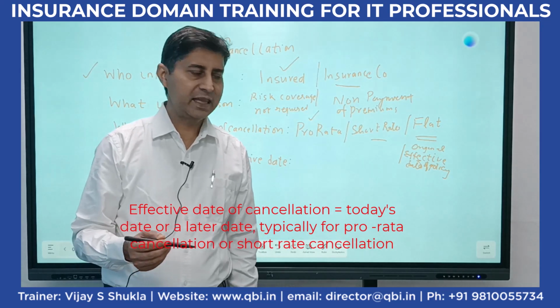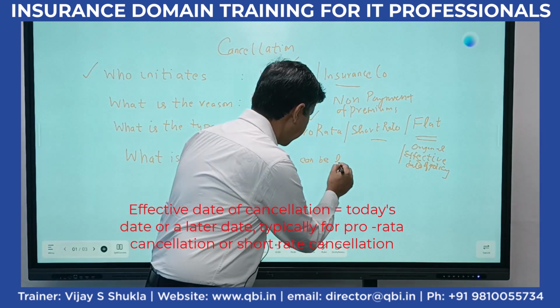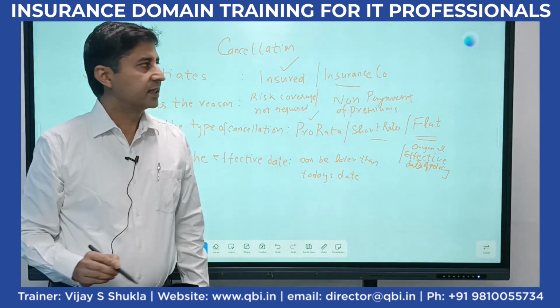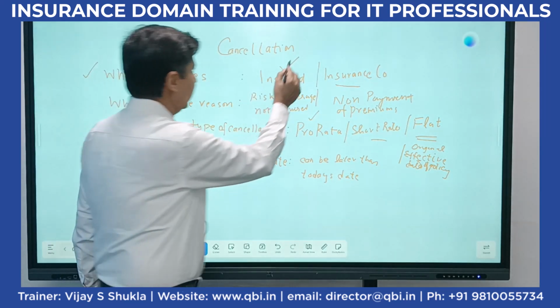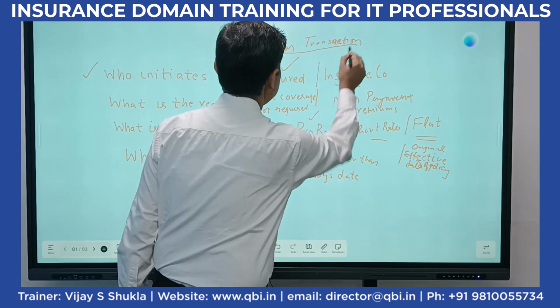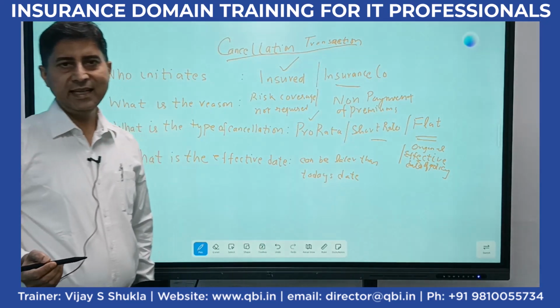So the effective date of cancellation can be later than today's date. So this is all about the cancellation transaction or policy cancellation. This is a very important transaction and it typically happens midterm.